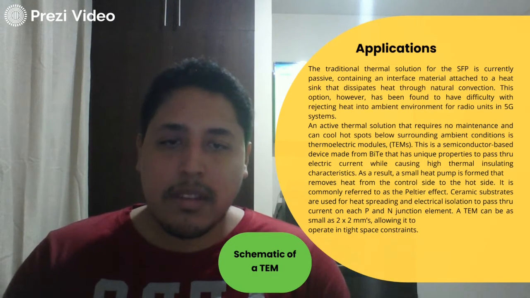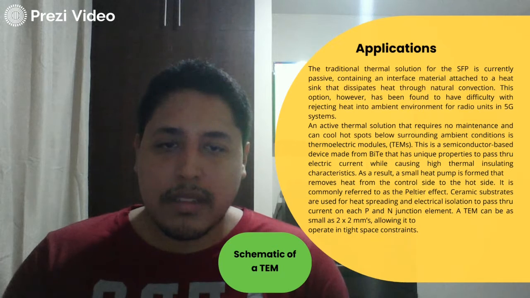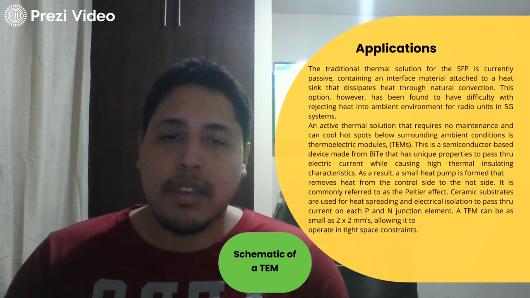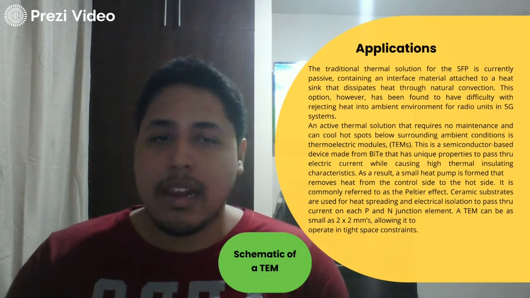It is commonly referred to as the Peltier effect. Ceramic substrates are used for heat spreading and electrical isolation to pass through current on each P and N junction element.